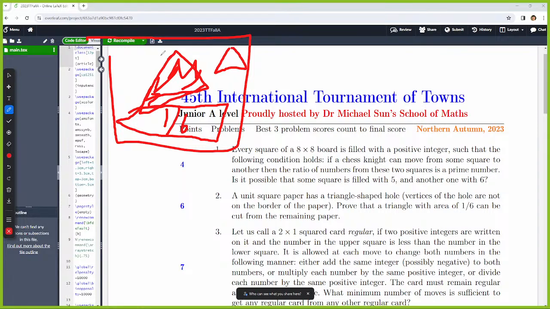Is it the remaining paper, the paper that's cut, that has area 1/6 of the other paper?